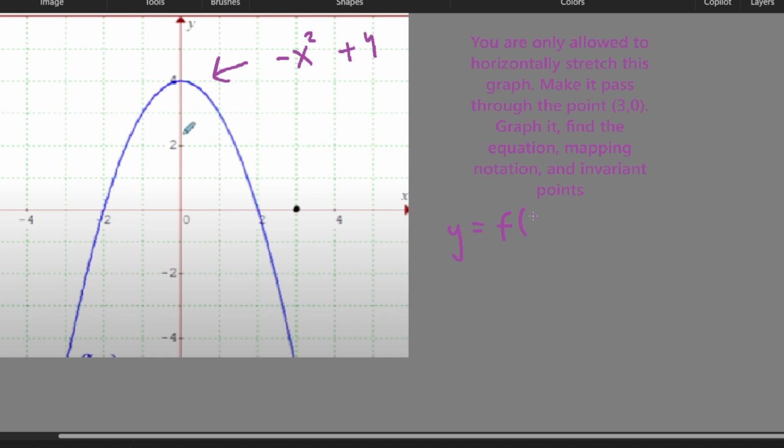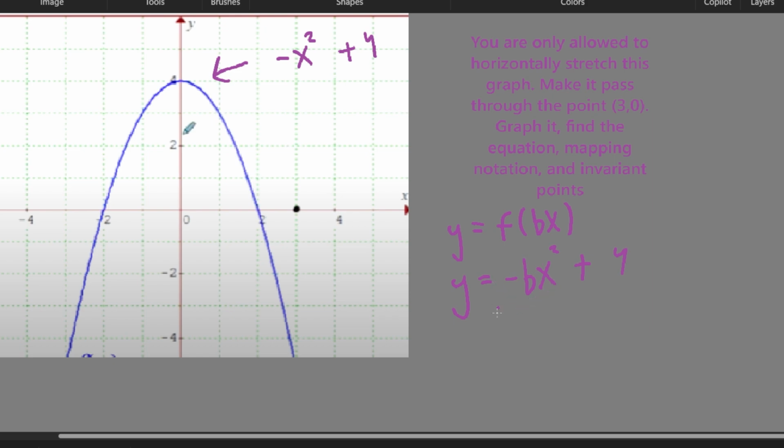Let's call it b. Now here's what we're gonna do. We're gonna replace this with the actual function, right? Y equals -x squared plus 4. Now where does b fit into this? Would you say that we should put b beside the x, like so?